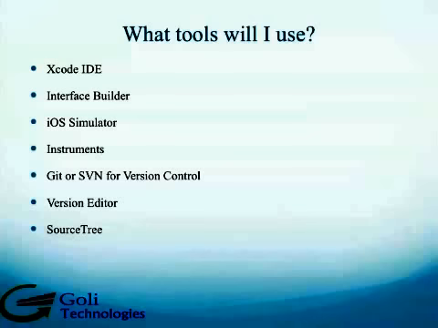So that's where Instruments would come in handy to figure out what exactly is going on in the memory space. And with iOS 5, a lot of things have been taken care of by the iOS framework itself. Nevertheless, Instruments is still a very strong tool that could help optimize the performance of your app.